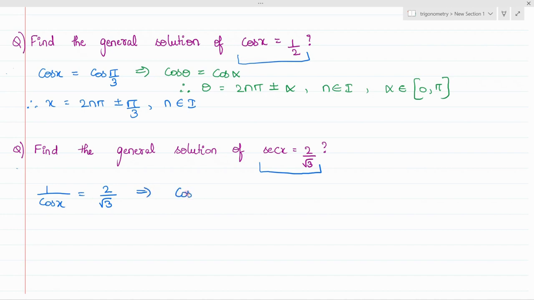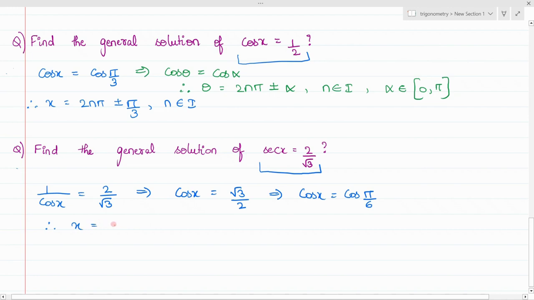So from here cos x is equal to root 3 by 2. Root 3 by 2 is nothing but cos pi by 6, that is cos 30 degrees. Now it's again similar, cos theta equal to cos alpha. So the general solution will be x is equal to 2n pi plus or minus pi by 6, and n belongs to all the integers.